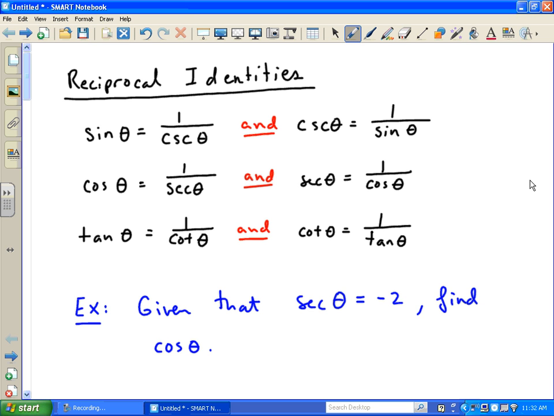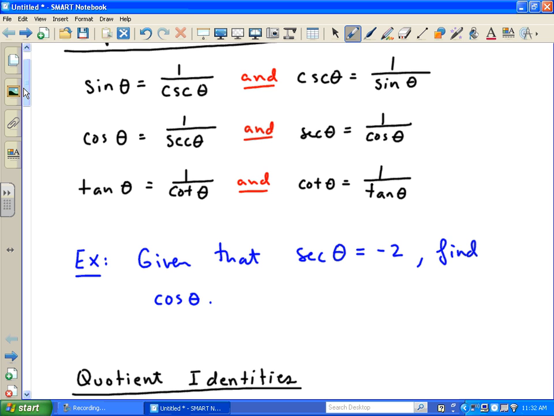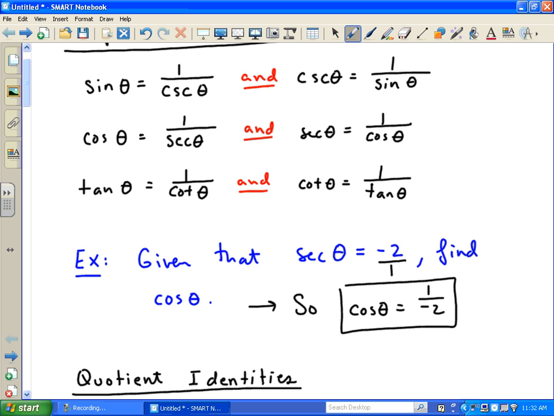Notice that the two theta measures are the exact same thing. And so here, because secant is equal to -2, you could also write that as -2 over 1. Cosine of theta is equal to the reciprocal of that, 1 over -2, and that would be your answer.